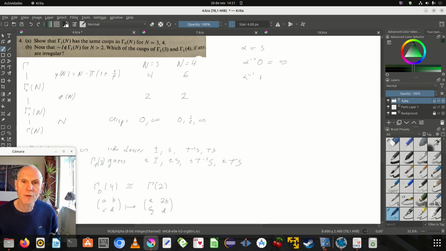Alpha to minus first t to h alpha. We must find the smallest h for which plus minus this guy lies in the group, and that is here gamma 1 of 3 or gamma 1 of 4. Let's take 3 first. And then do the same with the cusp 1/2.